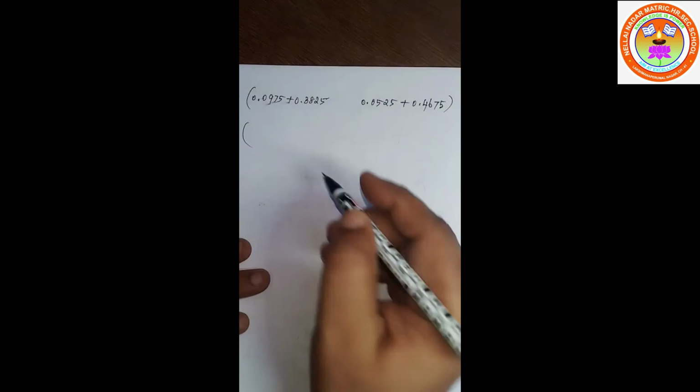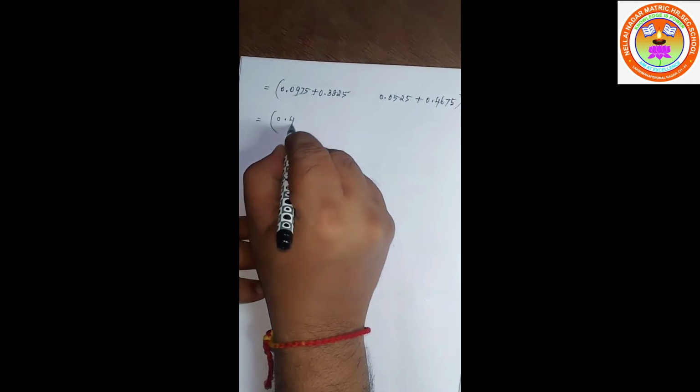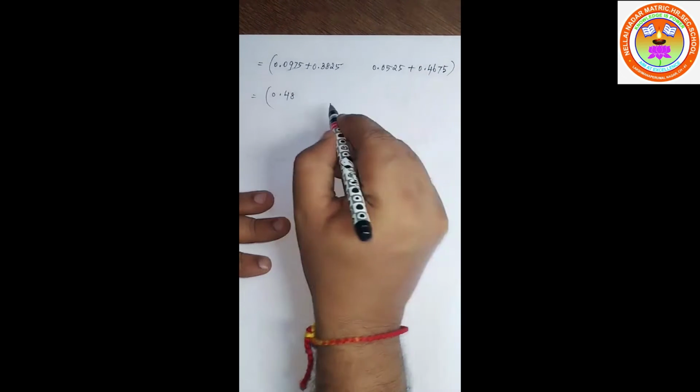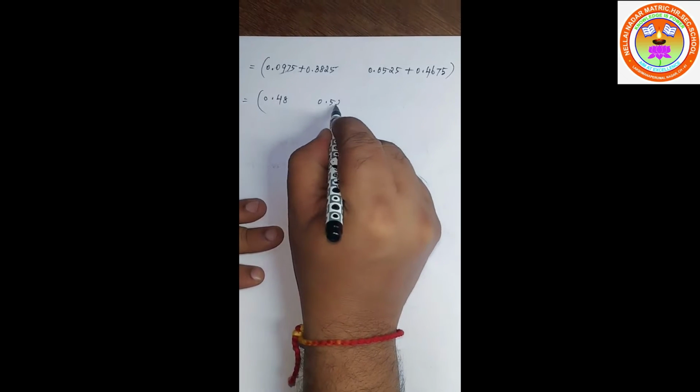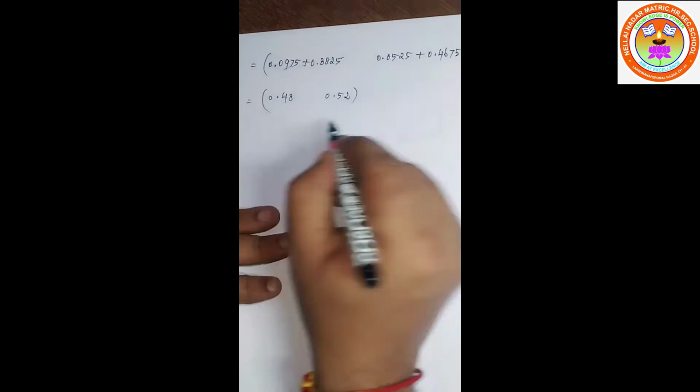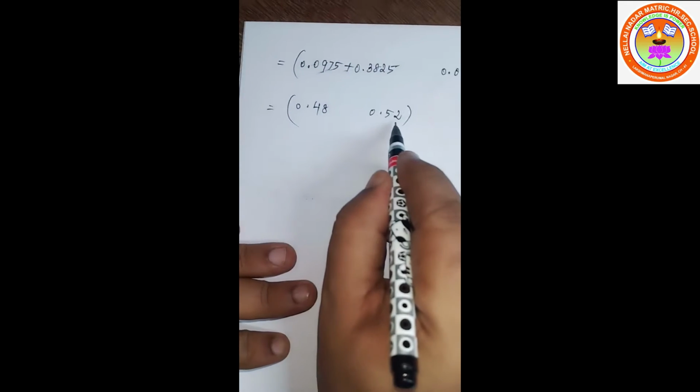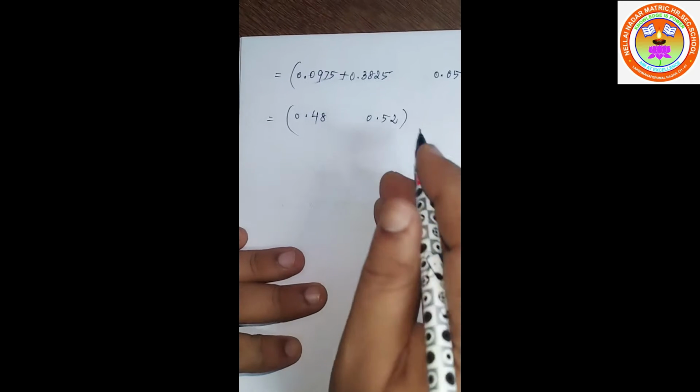Add together, you will be getting 0.48 and 0.52. So this is 48%, this is 52%, together 100%.